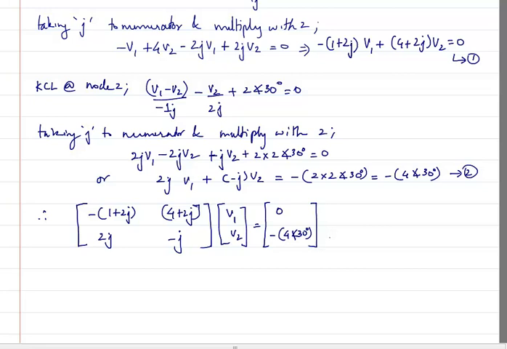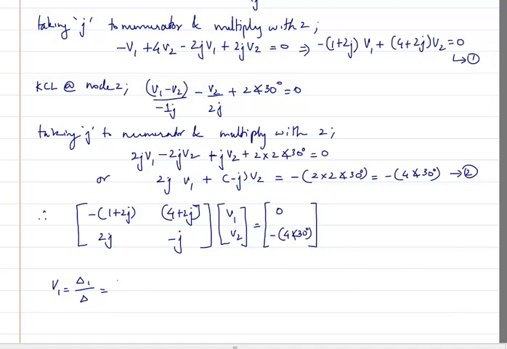So this is what the equation is, and based on that I can calculate delta 1, delta, and also V1 will be delta 1 divided by delta.